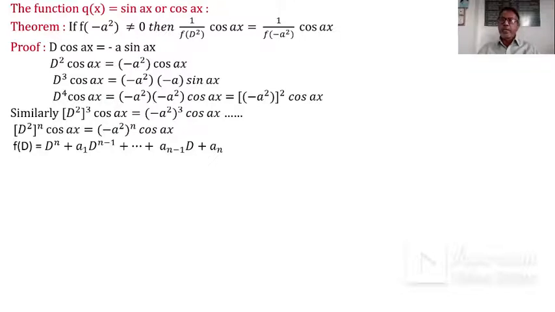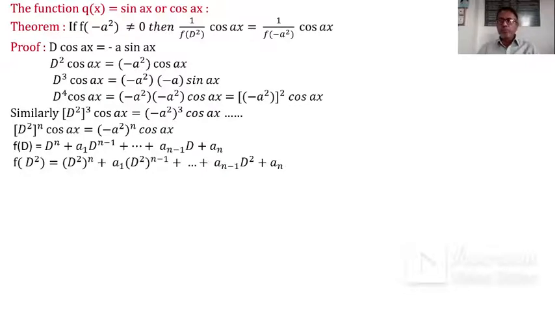Now we know that f of D is equal to D to the power n plus a1 D to the power n minus 1 plus a2 D to the power n minus 2 plus and so on, plus a n minus 1 D plus a n. Therefore, from this f of D square is equal to D square to the power n.